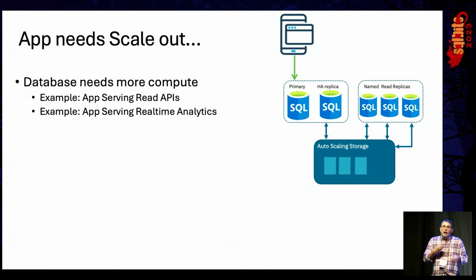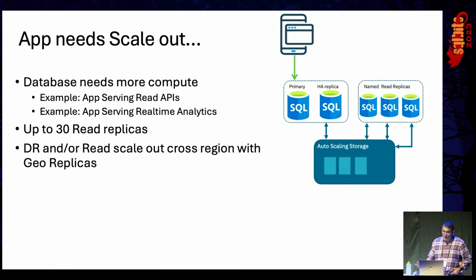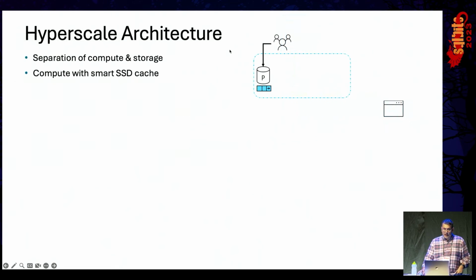They can be isolated compute units on a different logical server with different security, if you need to isolate specific tenants. They share the same storage, but they're read-only, so only your reads can scale out in that way, right? You can have up to 30 replicas and use them in conjunction with GeoDR as well. So this is Hyperscale in a nutshell, right?